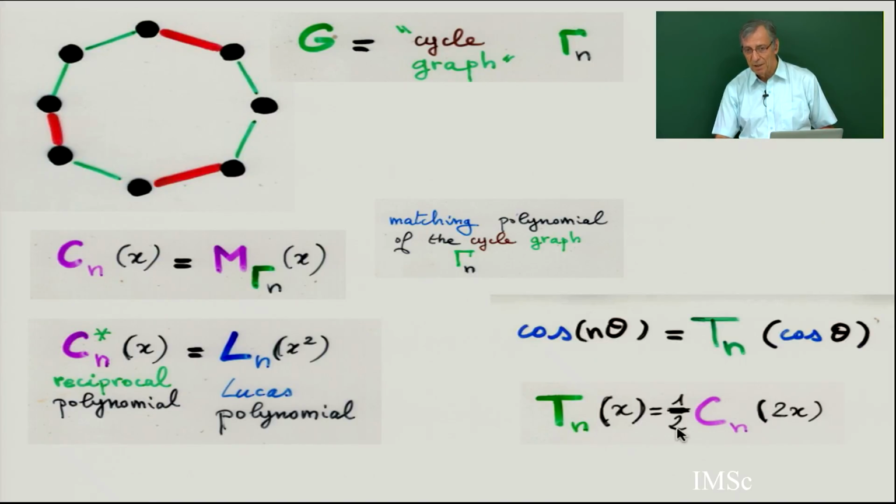The Chebyshev is half, so it's 1 over 2, C_n, the reciprocal of the matching, and replacing again x by 2x. And Lucas, you see, the relationship is here, it's x to the square.